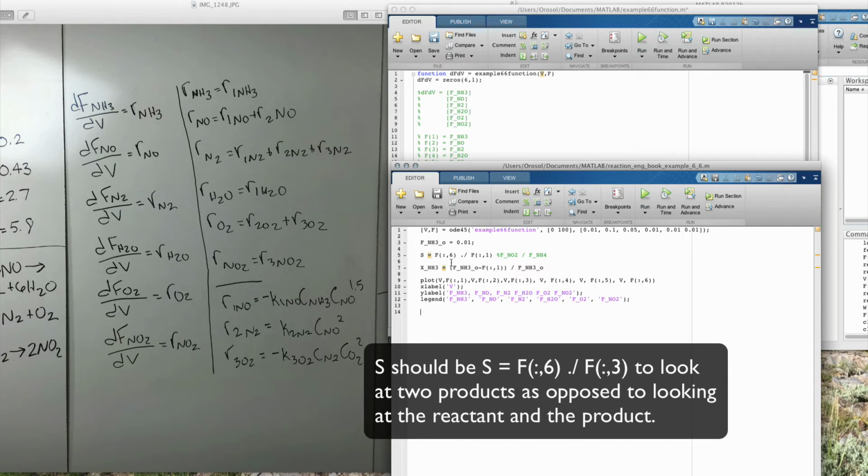And there was also the overall selectivity, which was the exit molar flow rate of the desired product over the exit molar flow rate of the undesired product. Calculating it this way, I could have just taken the last value I got for the flow rates and divided them, but I ended up just dividing everything, and then I'm just looking at the last number in the array it gives me.